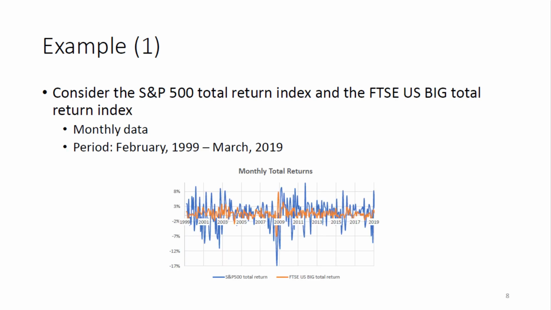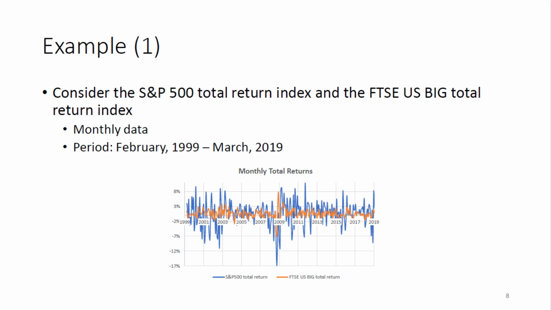Let's look at an example of using the exponentially weighted moving average for updating of the volatilities, updating of the covariance matrix, and then see what the resulting updated correlation is between two series. I look, for illustration purposes, at a total return stock index, which is the S&P 500. So it's representative for all equity in the US market.